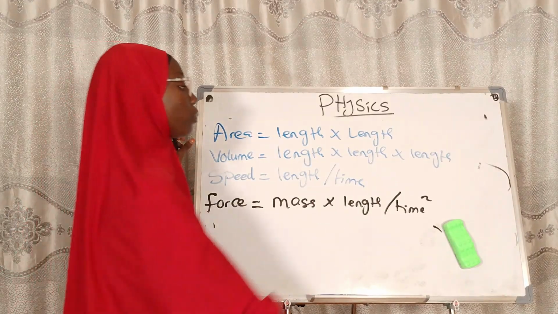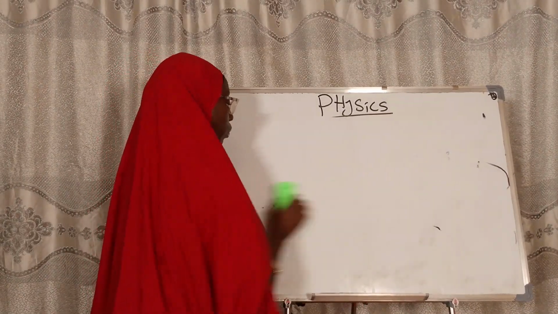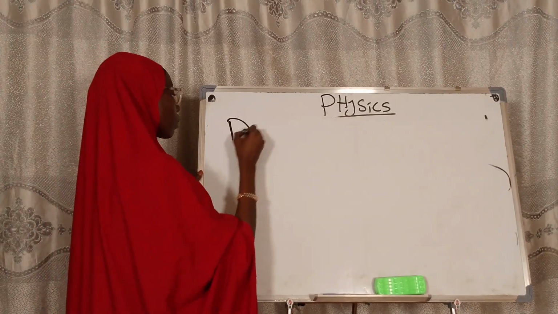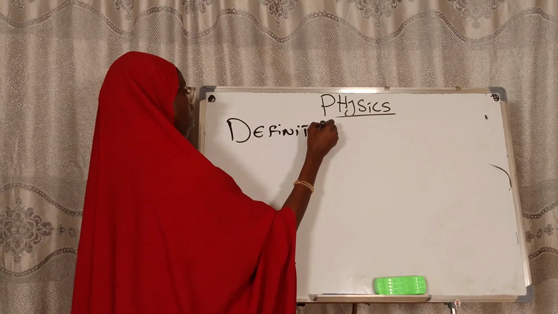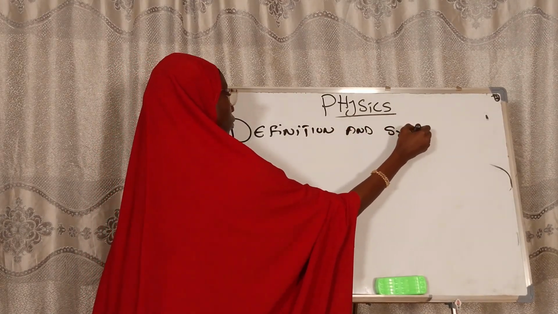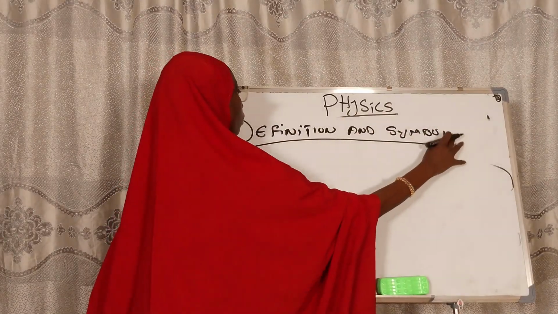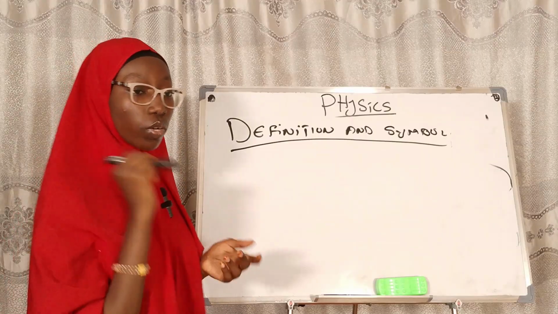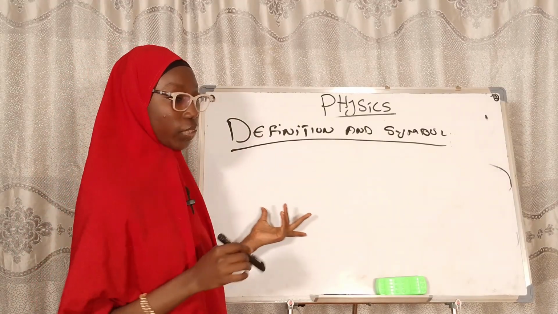Definition and symbol. In physics, length is the measurement of the distance between 2 points in space.